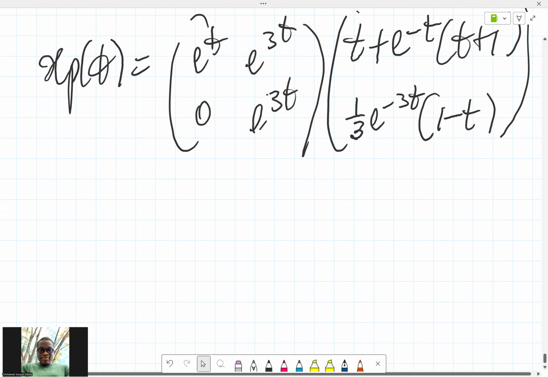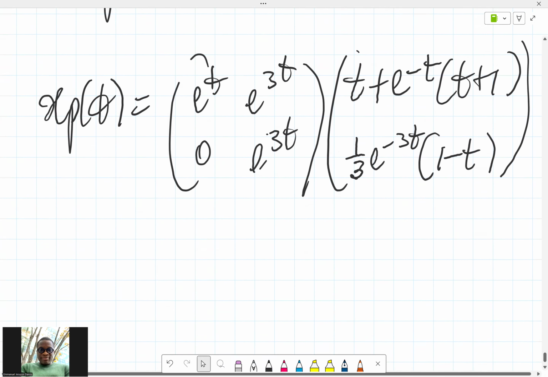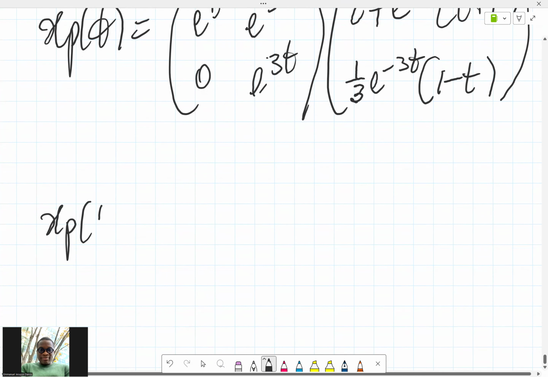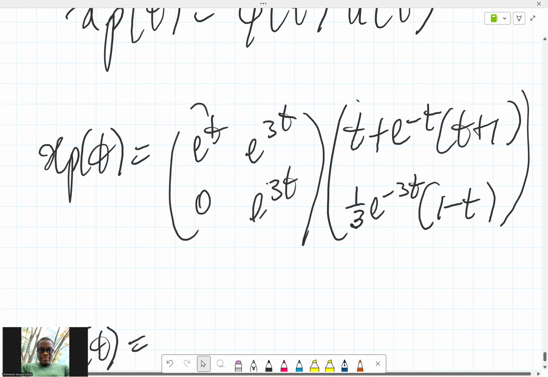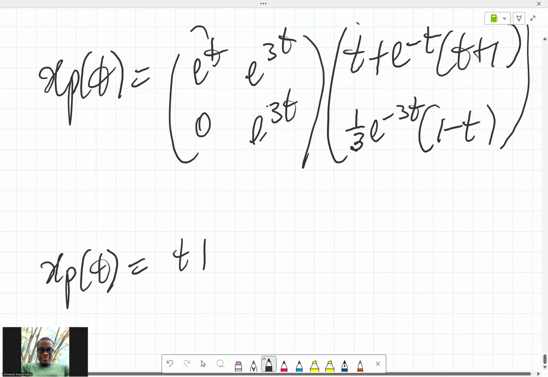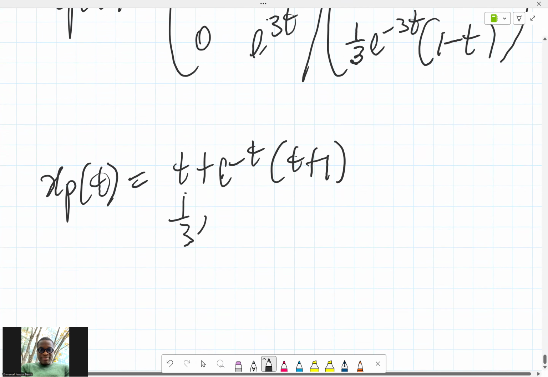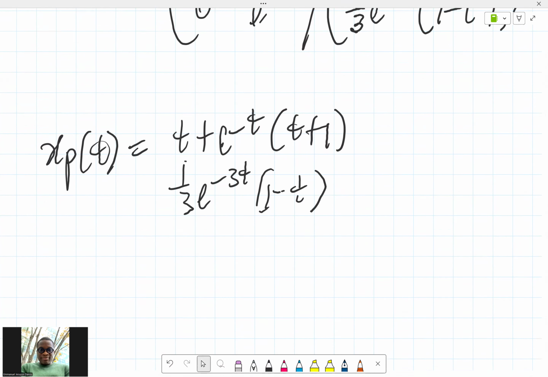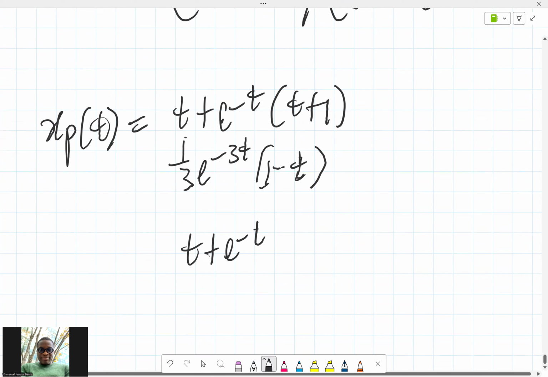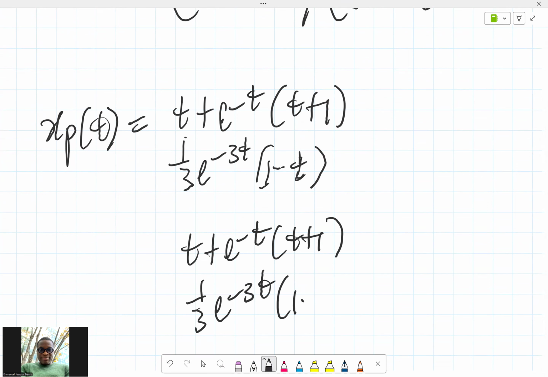So we can expand all of this now. xp of t equals, so we can write this twice. We have t plus e raised to power minus t into t plus 1, then 1 over 3 e raised to power minus 3t into 1 minus t.